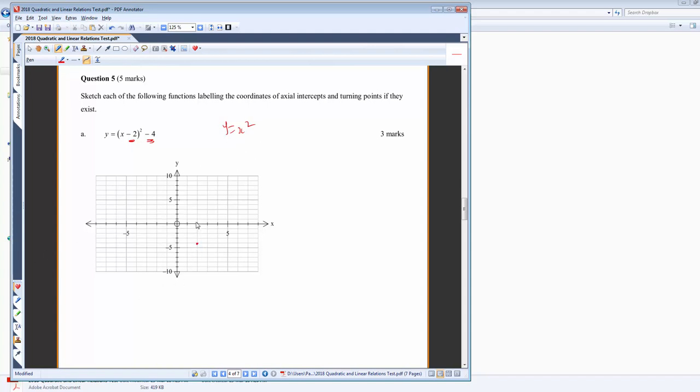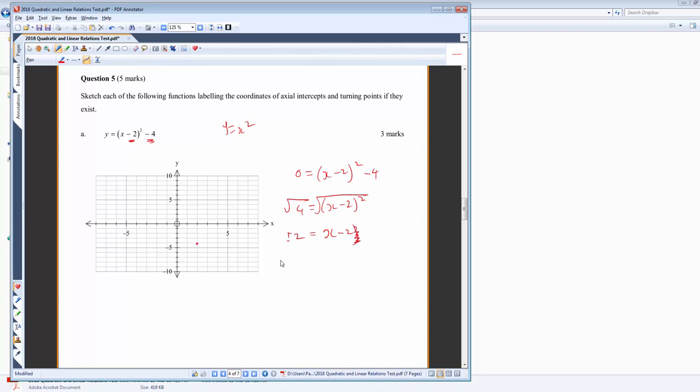Okay, now what we've got to do is get the x-intercepts. The x-intercepts occur when y is 0, so 0 equals x take 2 squared take 4. We're going to add 4 to both sides. Now I'm going to square root this side, and that gives me plus or minus 2 equals x take 2.